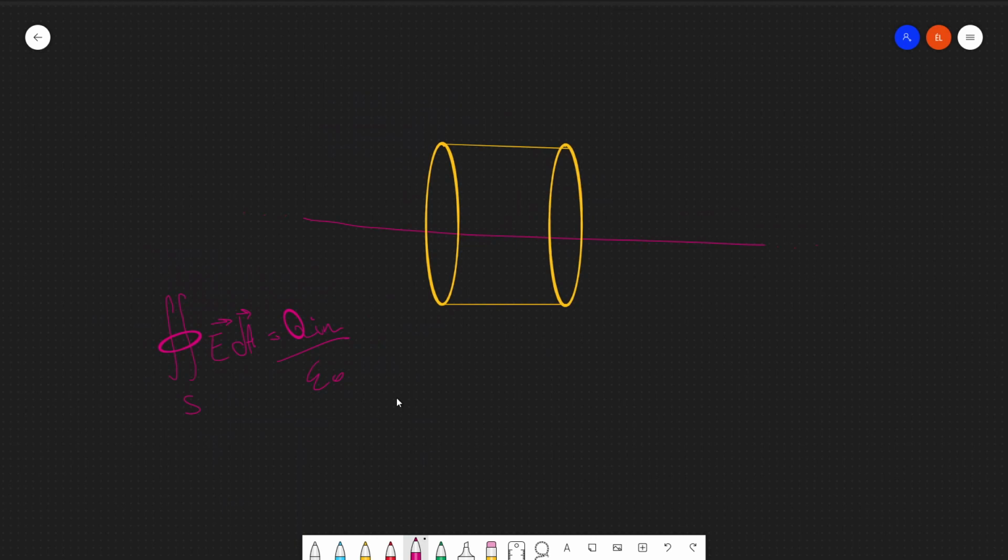Anyhow, we can divide this into 3 different areas: the lateral area, the right area, and the left area.